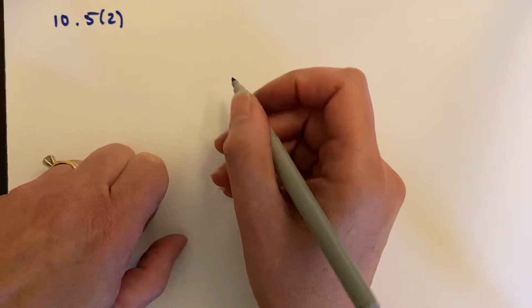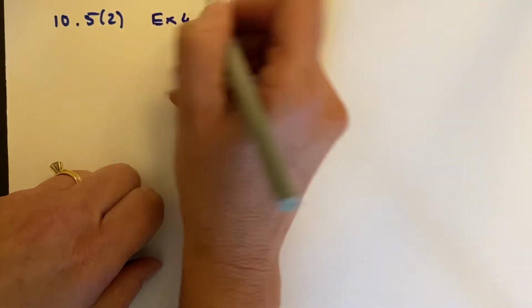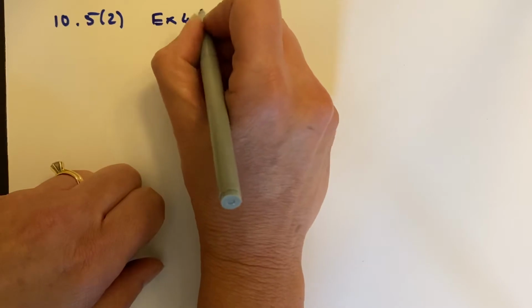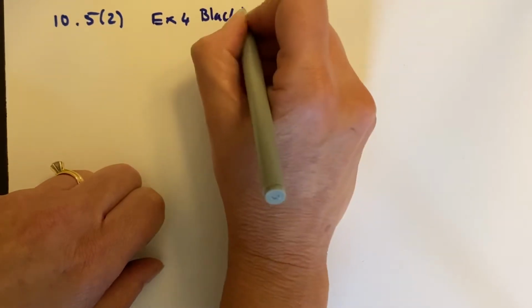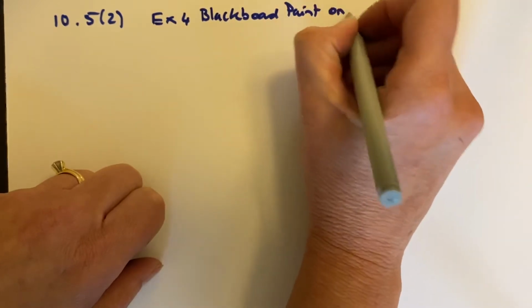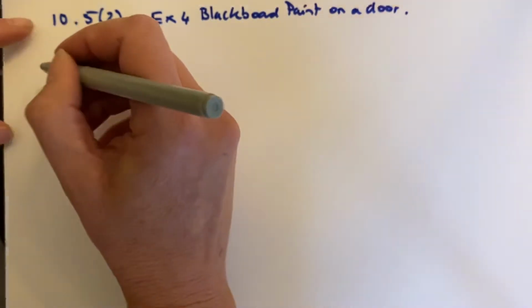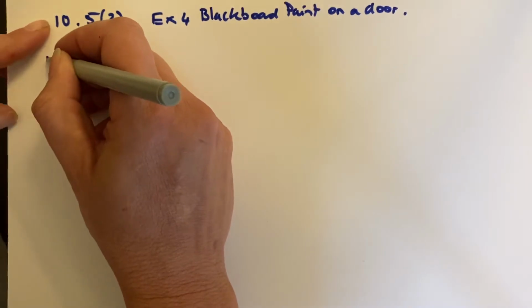All right, so let's look at 10.5, part 2, example 4. And this is putting blackboard paint on a door. All right, let me draw a door.